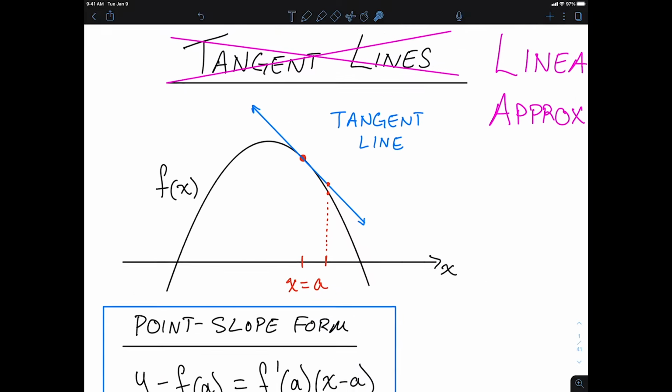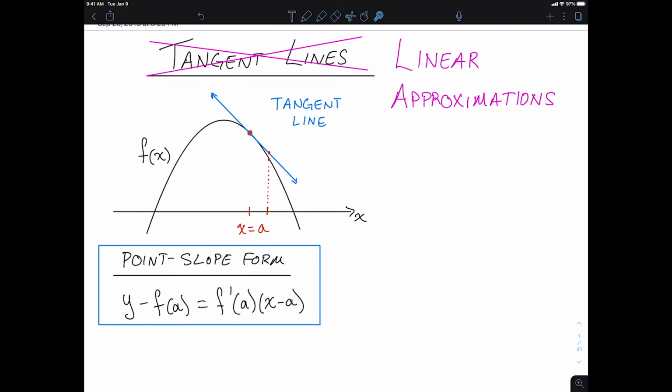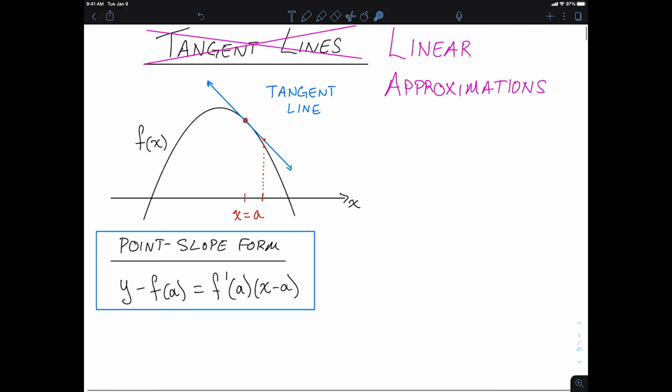Okay, great. One of the manipulations of this point-slope form of a line: the tangent line looks like y minus f of a equals f prime of a times x minus a. The way that our book and Newton-Alta rearrange that is y equals f of a plus f prime of a times x minus a.